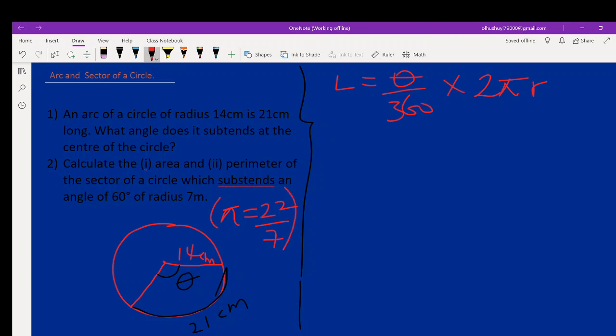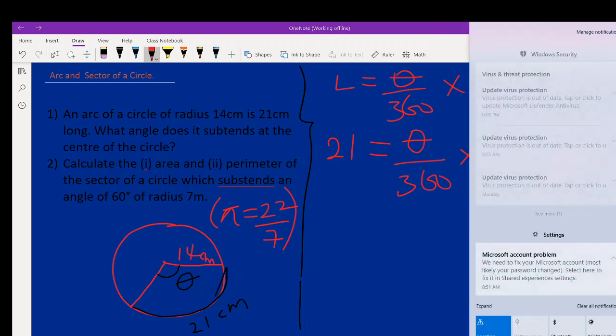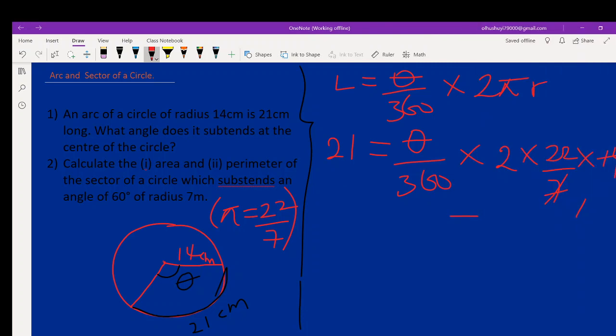Please take note of that. Our length of arc is already 21. So we have 21 equals theta upon 360 times 2 times 22 upon 7, then times 14. 7 here 1, 7 here 2.